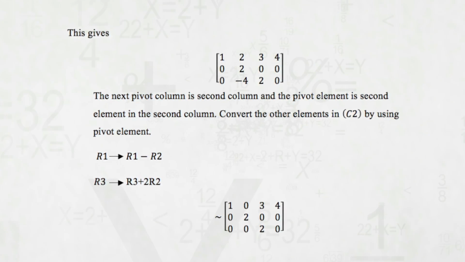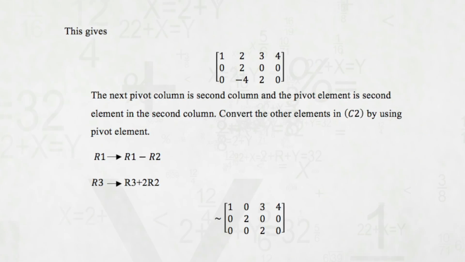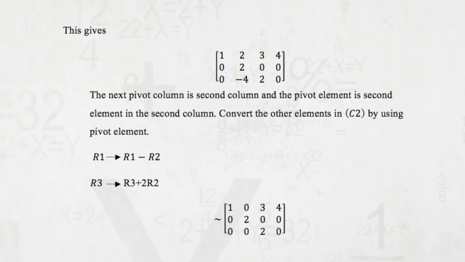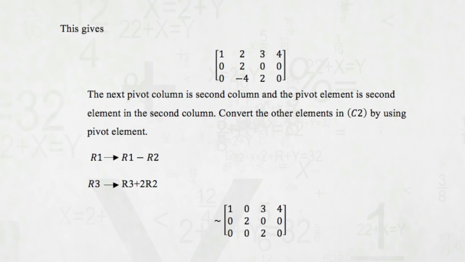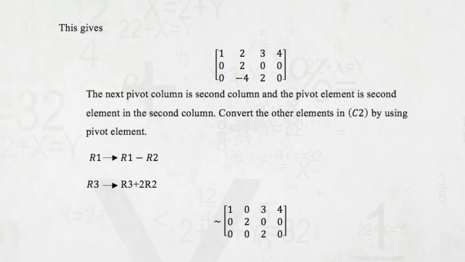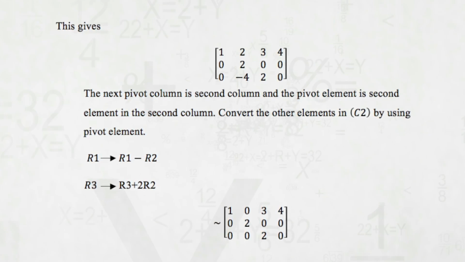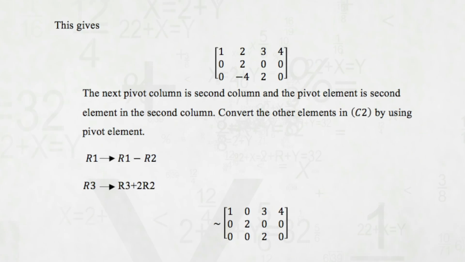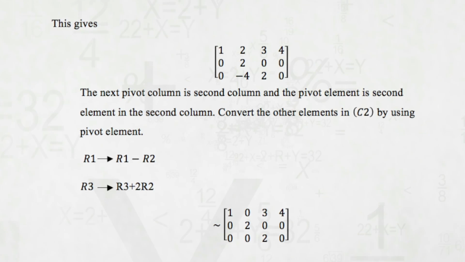The next pivot column is the second column, and the pivot element is the second element in the second column. Convert the other elements in C2 by using the pivot element. That is, R1 is changed to R1 minus R2, R3 is changed to R3 plus 2R2. Therefore, the given matrix is equivalent to the matrix 1, 0, 3, 4, 0, 2, 0, 0, 0, 0, 2, 0.